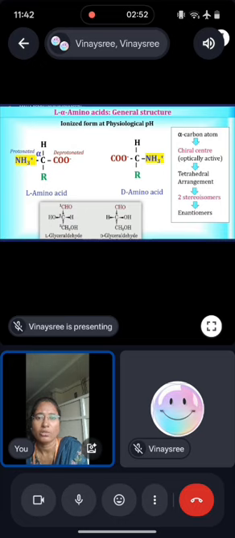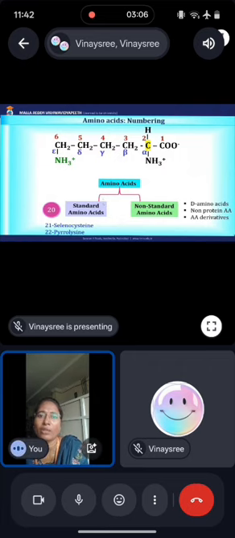So it is the L form, L alpha amino acid. Generally we call the amino acid L alpha amino acid because of the chiral center and also enantiomers.